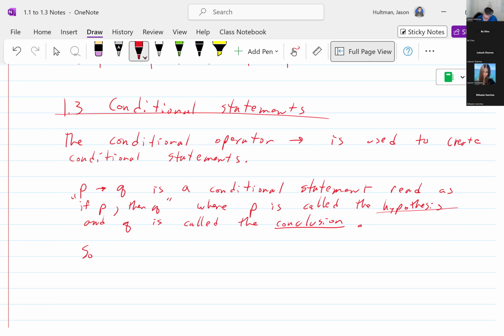This is sometimes also expressed as P is sufficient for Q, or P implies Q.